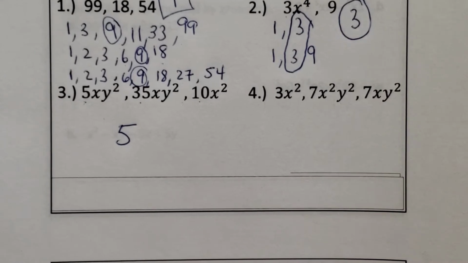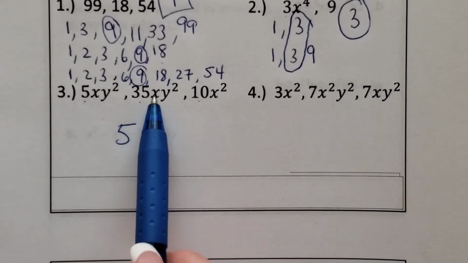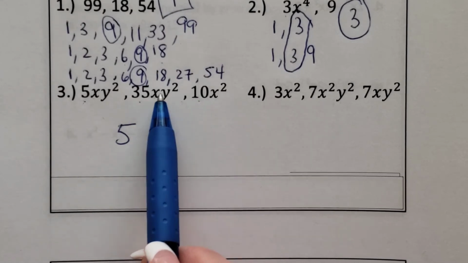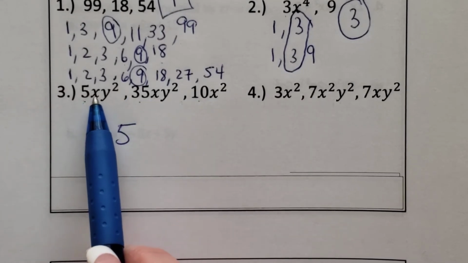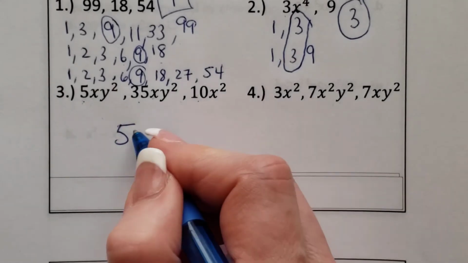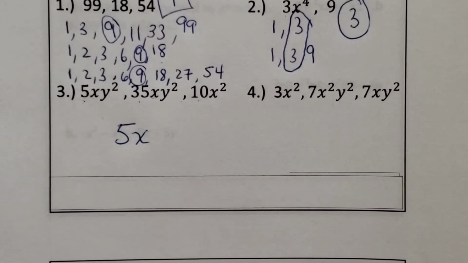Remember what we're trying to do. What's the greatest group of x's or y's we could pull out of all 3 of these terms? There's 1 x, there's 1 x, and there's 2 x's. How many x's could I pull out of all 3 of these terms? Well, I couldn't pull 2 out of here or here. So x to the first power is a common factor that they all have in common.